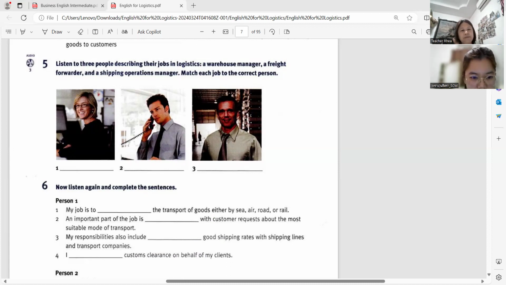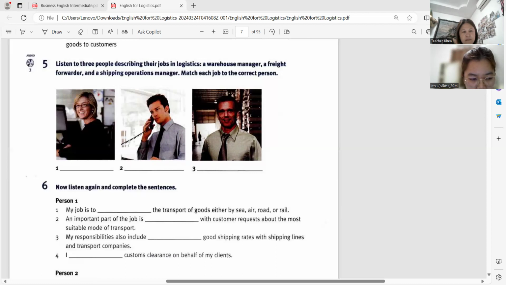My job is to organize the transport of goods either by sea, air, road, or rail. An important part of the job is dealing with customer requests about the most suitable mode of transport. My responsibilities also include negotiating good shipping rates with shipping lines and transport companies.